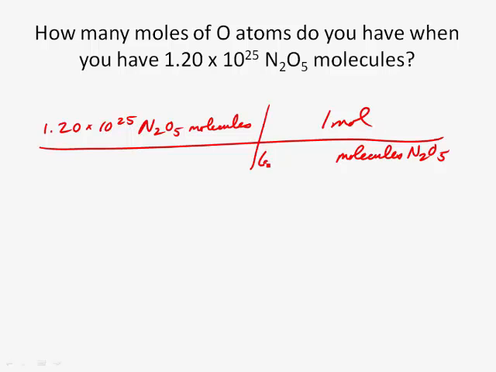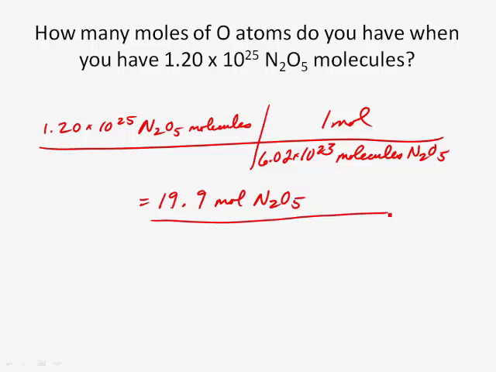So 1.2 times 10 to the 25th divided by 6.02 times 10 to the 23rd. And so that gives me 19.9 moles of N2O5. Now it wants to know moles of just oxygen atoms, so I want to go from moles of N2O5 to moles of oxygen atoms.